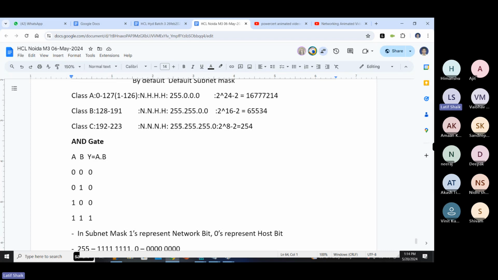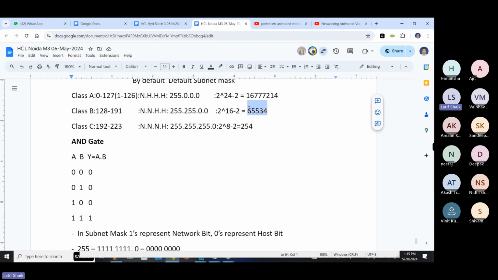The same goes for class B. By default, host portion is 2 octets. It means 8 bit, 8 bit, totally 16 bit. 2 to the power of 16 minus 2. Why minus 2? Network ID, broadcast ID. We cannot use them, so minus 2. Remaining entirely we can use.